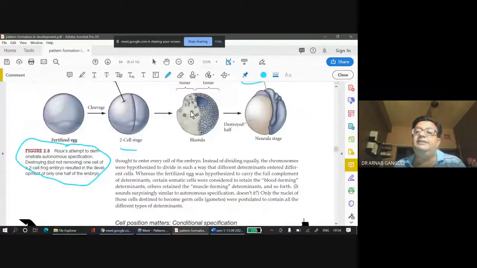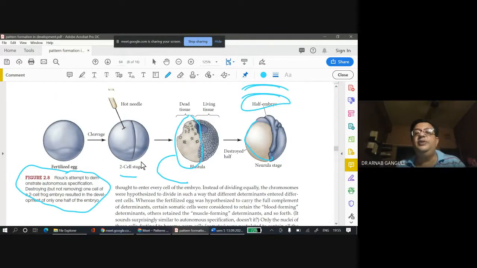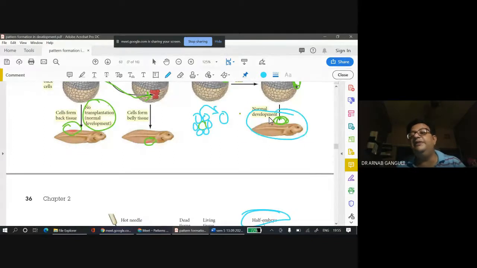Because this side was specified to form the other half, it's killed. That side is still attached but killed. Only half of the embryo will form. This side will not form anything. But for example, if you remove this area, then the living area will compensate and make the other area. This is what we learned from here, normal development.